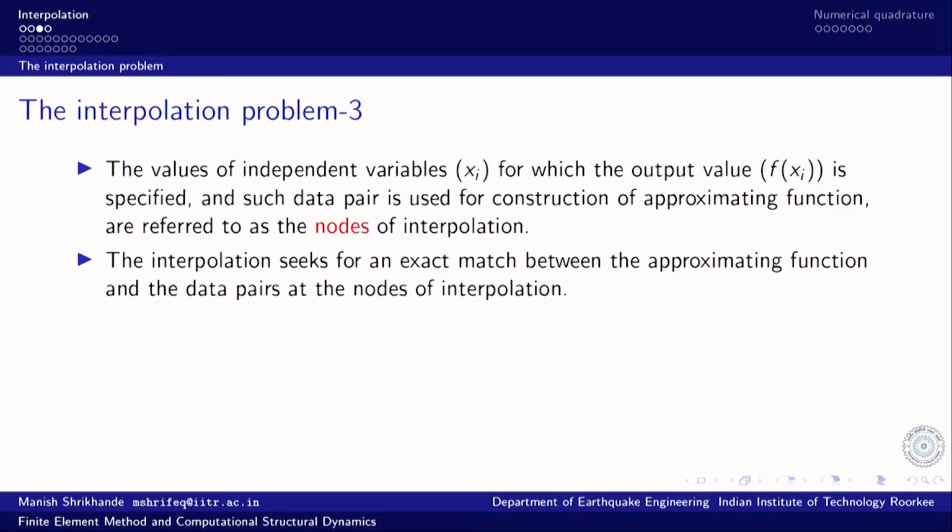So, the values of the independent variables, x1, x2, x3, at which the unknown function to be approximated is sampled or specified, those fixed points are known as the nodes of interpolation. That has a very important usage; this term node we will keep on repeating throughout this course.